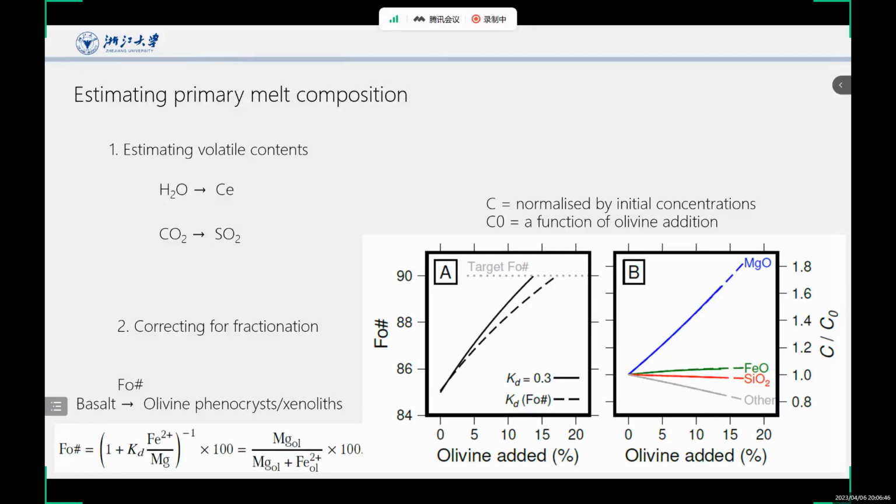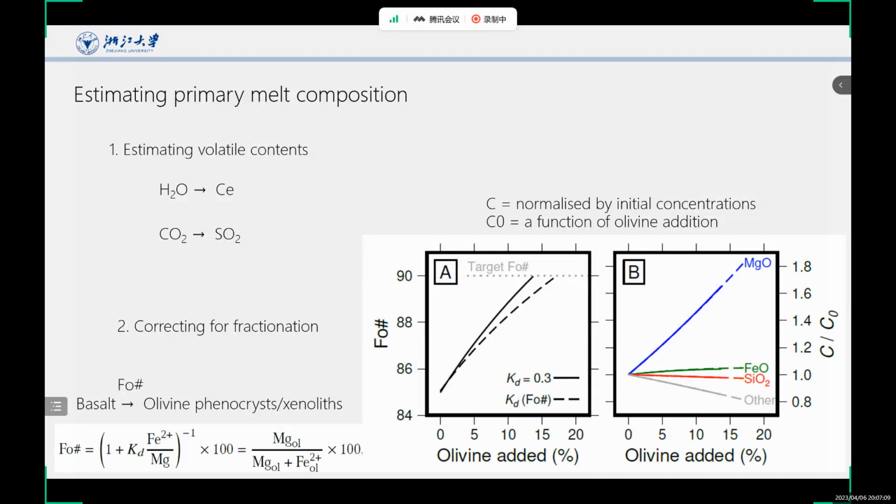The second part is correcting for fractionation. When the melt comes up, the first phase to crystallize is olivine, so they have to add the olivine back to calculate the primary melt composition.